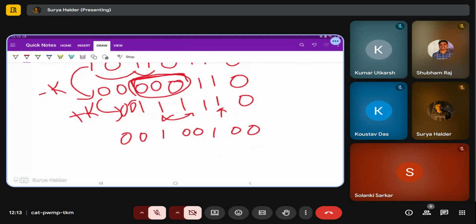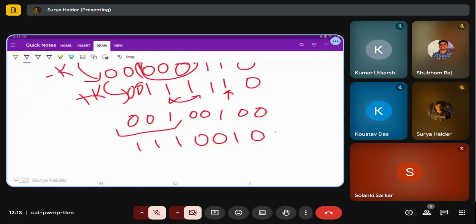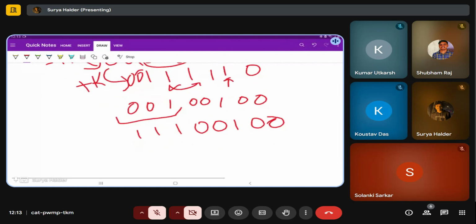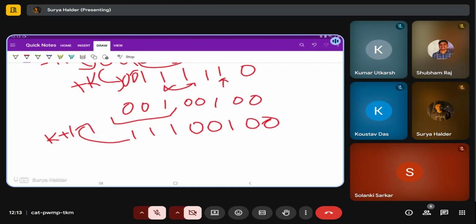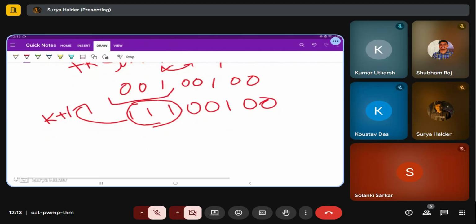So Bob can convert it into 1. Then Bob's one move is wasted, but still Bob is giving Alice a string which contains k plus 1 ones. That is, Alice cannot make this entire string into 0.